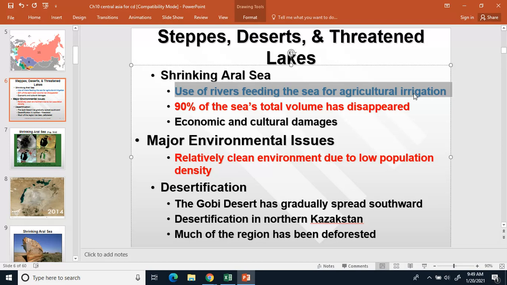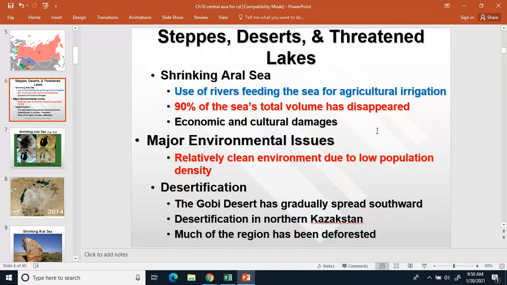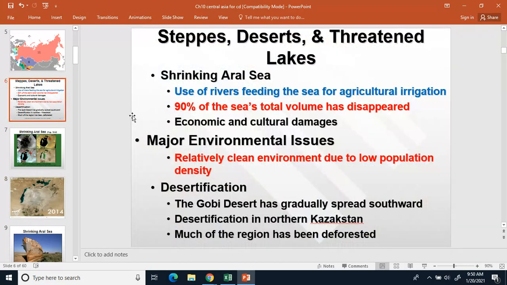And because of the water requirements for the cotton, the water gets diverted. There's rivers that are feeding into this Aral Sea. Those rivers are instead diverted to farmlands, and without that water feeding into the Aral Sea, bam, it's disappeared. Not totally, but yeah, a lot of it has disappeared.